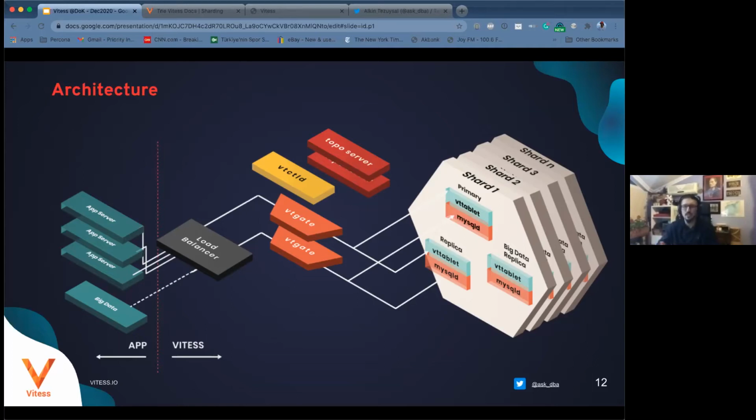Then it has a topo server, if you have a sharded environment, that knows where your data is distributed. The other components built into the control plane drive all these utilities and internal resources that route your traffic from the application server to the load balancer to the Vitess environment, and from there it manages the data.